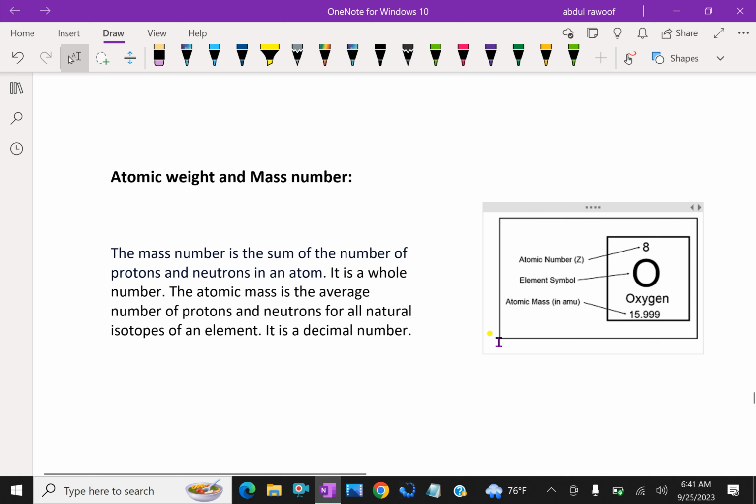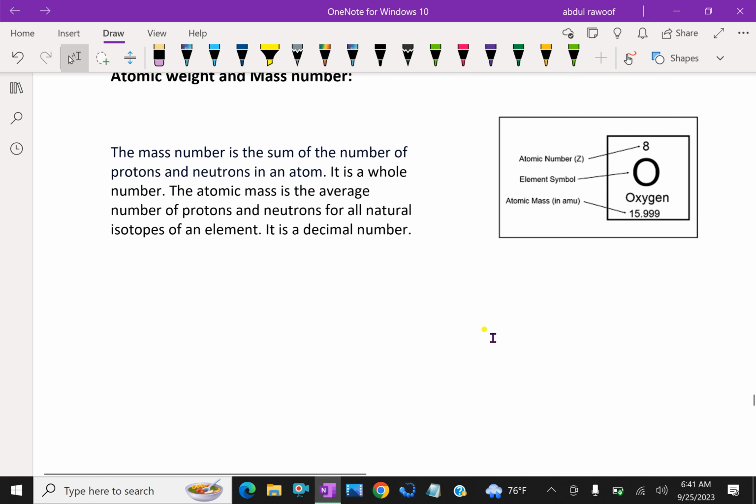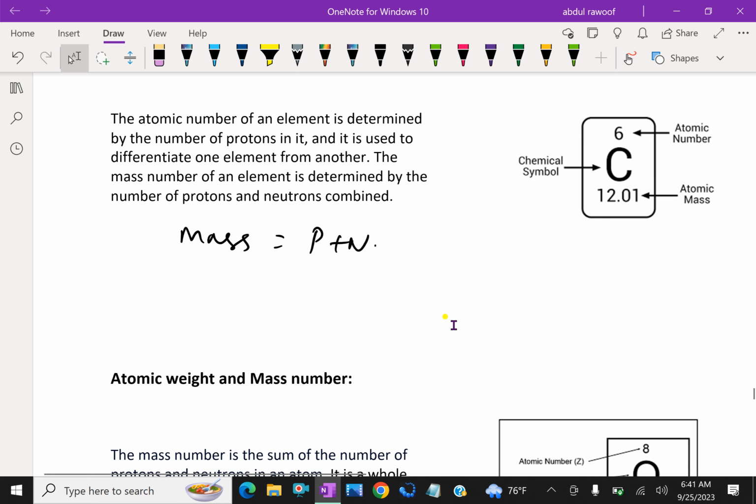Now, mass number A equals the number of protons plus the number of neutrons. Here, the atomic number and mass number have a little difference.